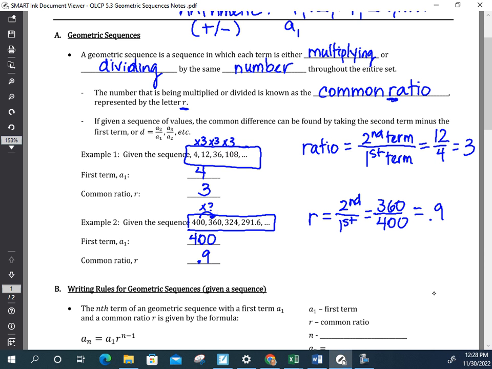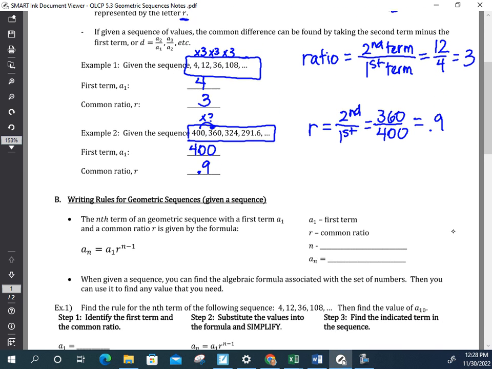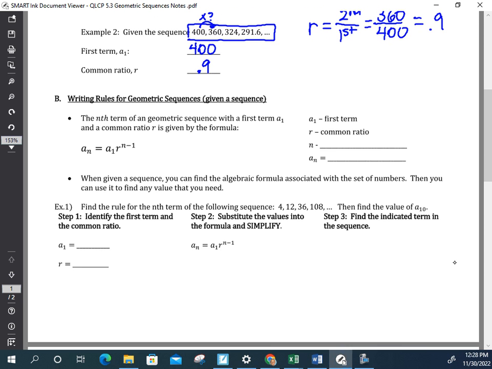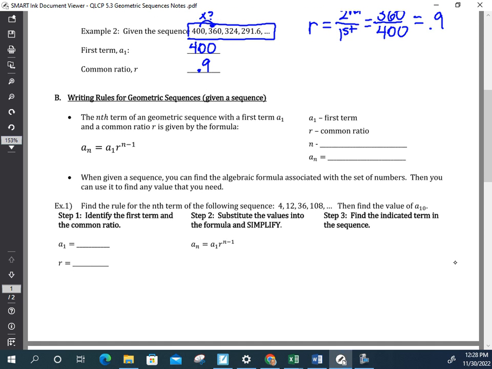Just like last time, we need to know the basics in order to be able to write an equation. But I can guarantee you, writing these equations is a lot simpler than arithmetic. At least the work is not as intensive. So, the formula that we use, a new formula: a sub n equals a1 r to the n minus 1 power.